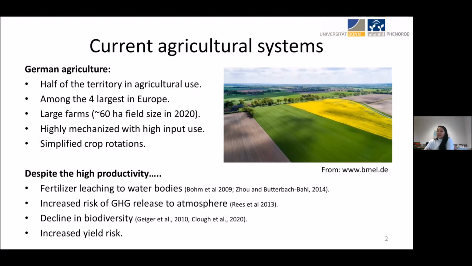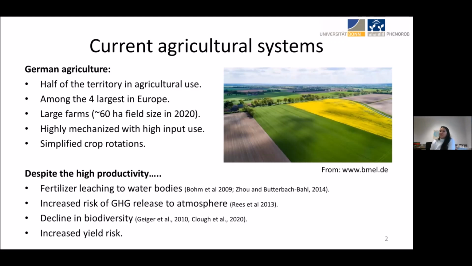Also, over the last decades, it's been identified that crop rotations have become more simplified over time. And despite the high productivity of these agricultural systems, it has come with different consequences to the environment.